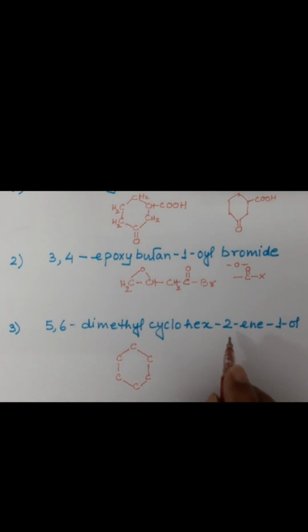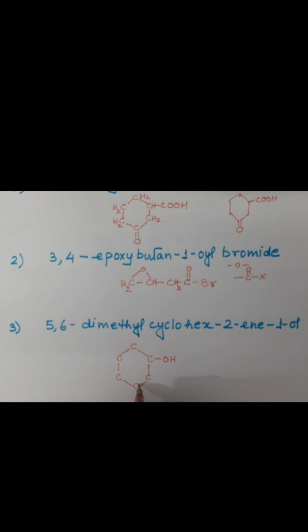Then in the second position we have an ene. Let's consider this as first. Anyone can be considered as first. If I take this as first, the OH will be here, okay? And between the second and third carbon there will be a double bond. So this is the double bond out here, okay?